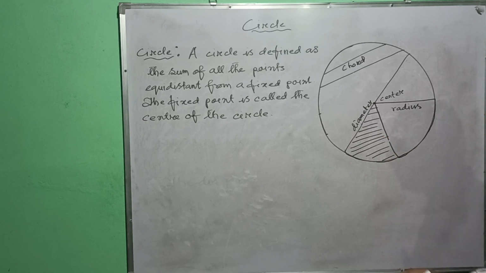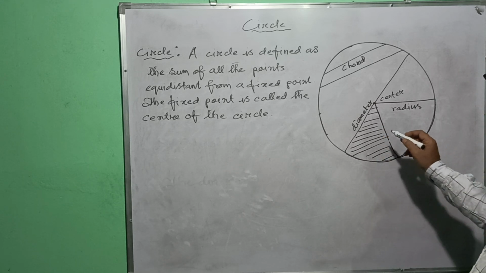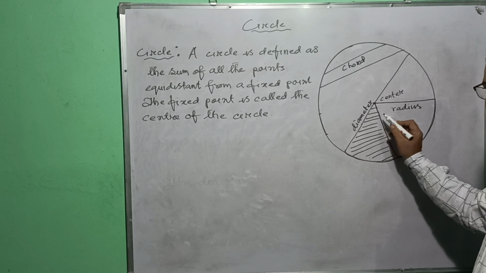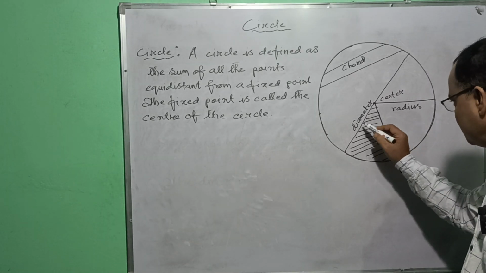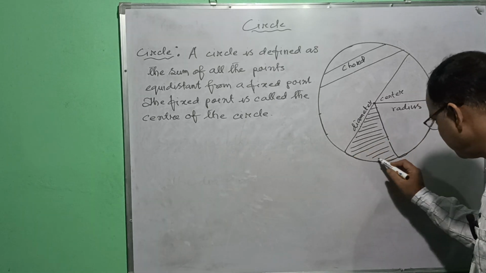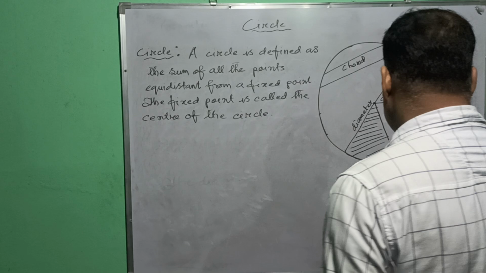So how can we define the sector? We can define a sector in this way: the area covered by two radii and the corresponding arc is called the sector of a circle. Okay, so sector finished.